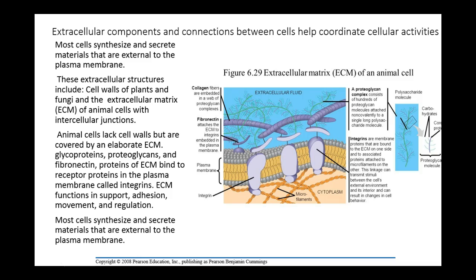What you're looking at is the extracellular matrix, the ECM, of an animal cell here, which has different types of junctions.